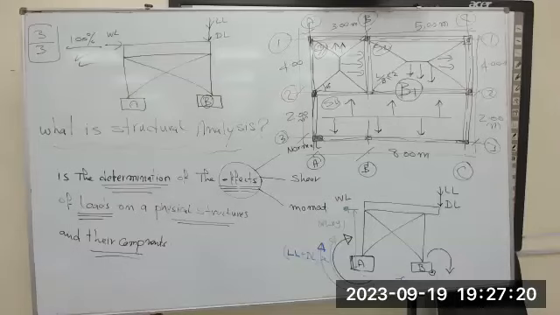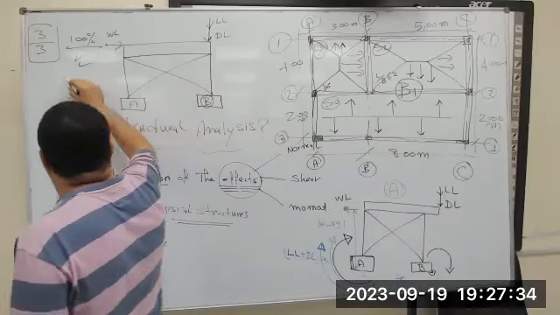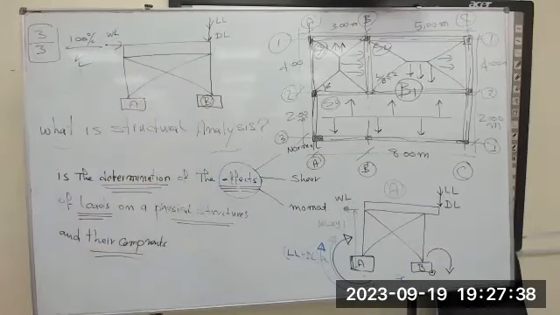Now, very important, what is it? Direction. It's in B. In case A and case B, which one is more stable related to these loads? Which one is more stable?